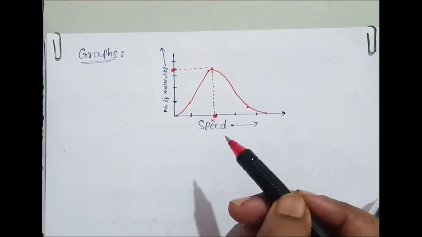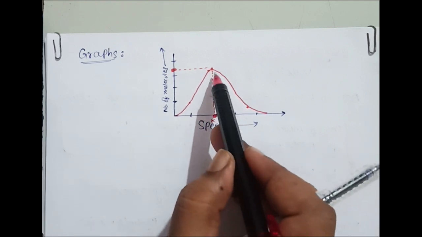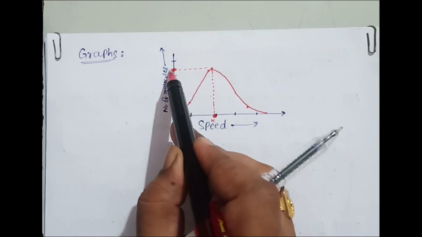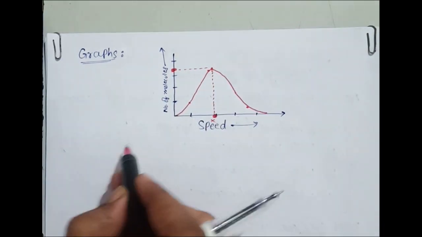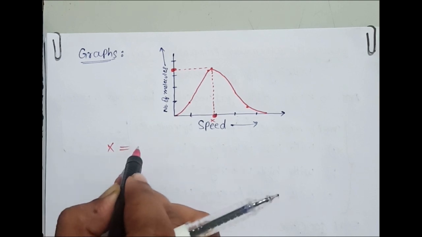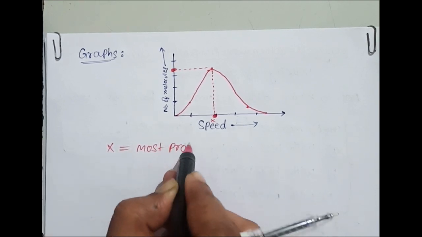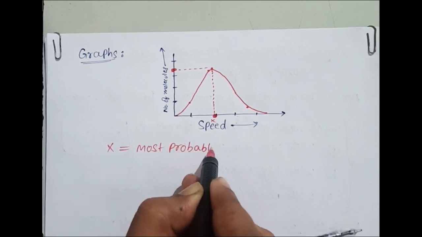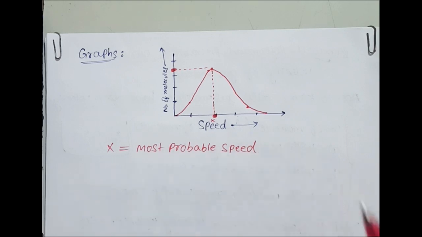That x speed is possessed by the maximum number of molecules, and it is called the most probable speed. Most probable speed or velocity. Some people call it velocity and some people call it speed.